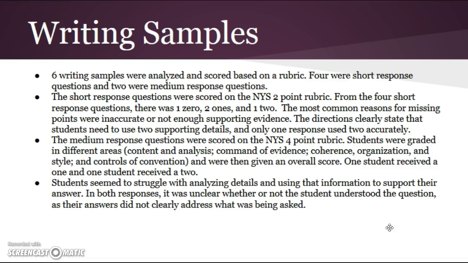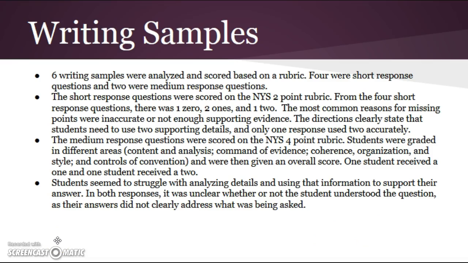And the most common reasons for missing points were that students provided inaccurate or not enough supporting evidence. And the directions were very clear in that students needed to use 2 supporting details from the text, and only 1 response used 2 details accurately.